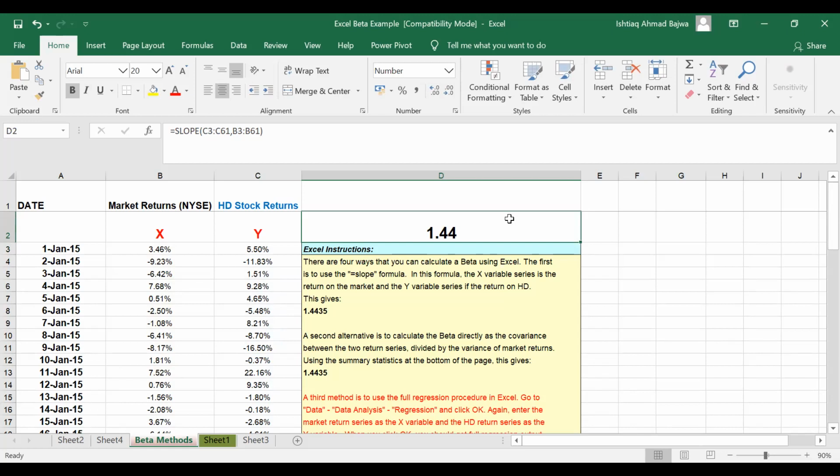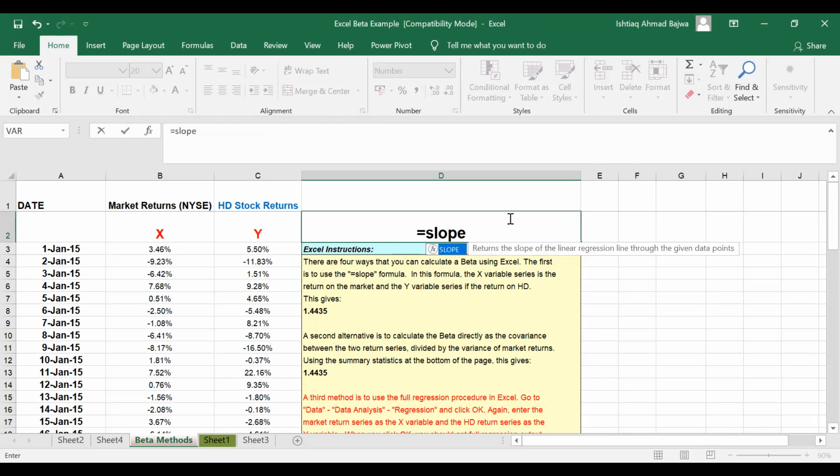So the idea is, if we have a market return and stock returns, then using Excel we can calculate the beta of any particular stock, which is quite easy. Again, I will do it with the slope function, known Y's.